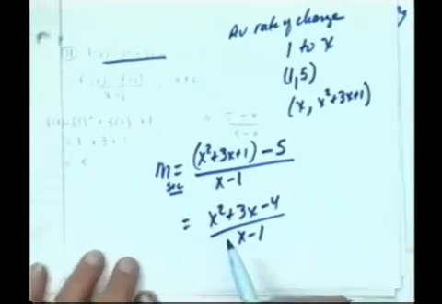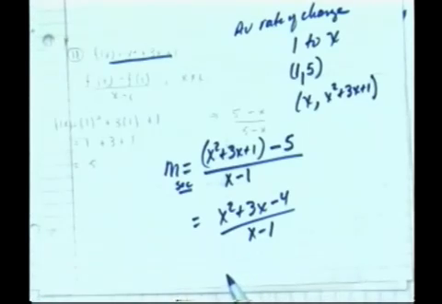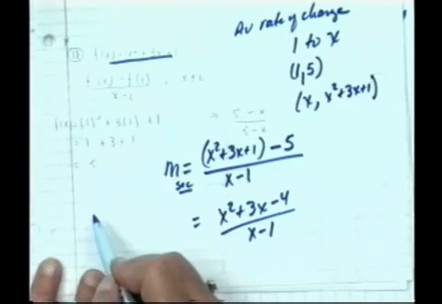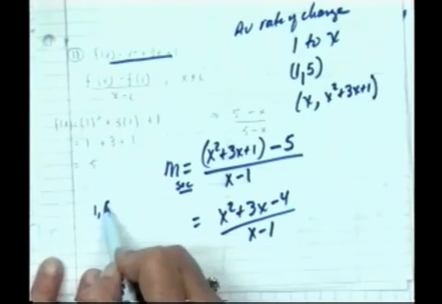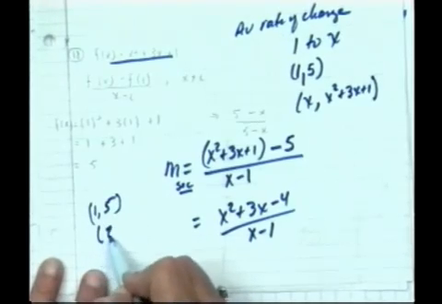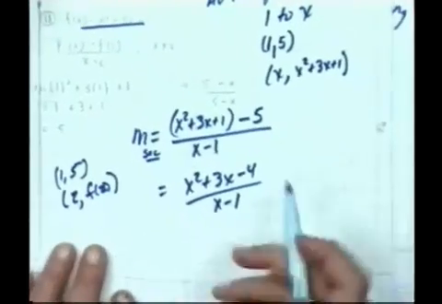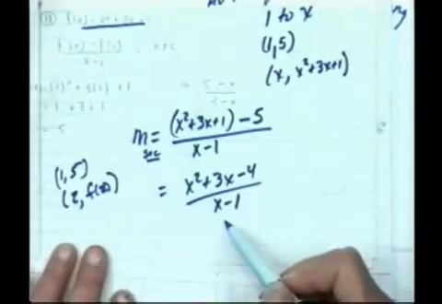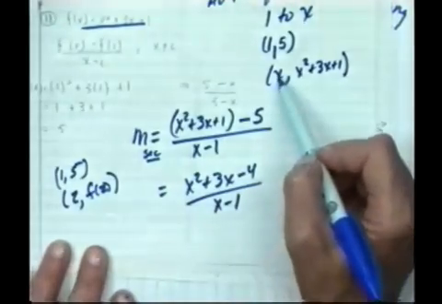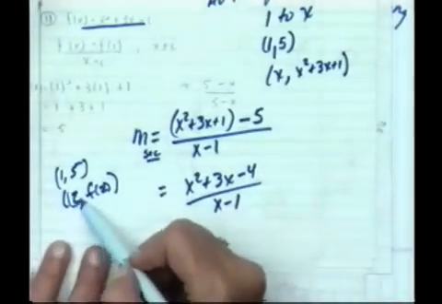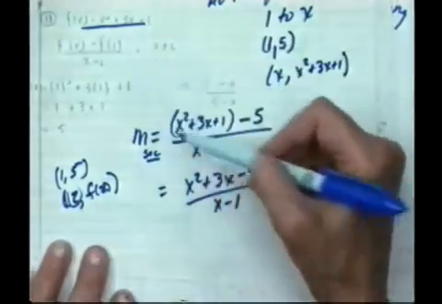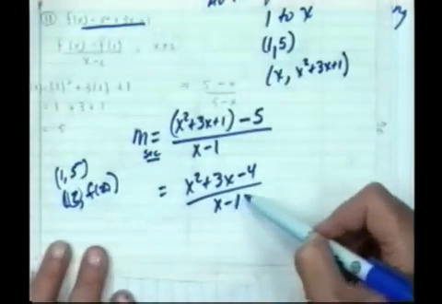Now it says use this to find the slope between the points (1, 5) and (2, f of 2). The advantage of having this formula is that our value for x is now 2, so we don't have to find the y value. We can just substitute 2 in for x.